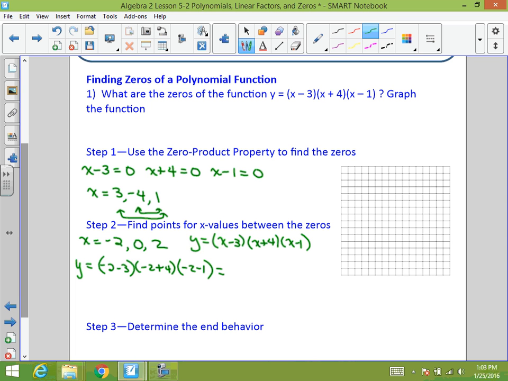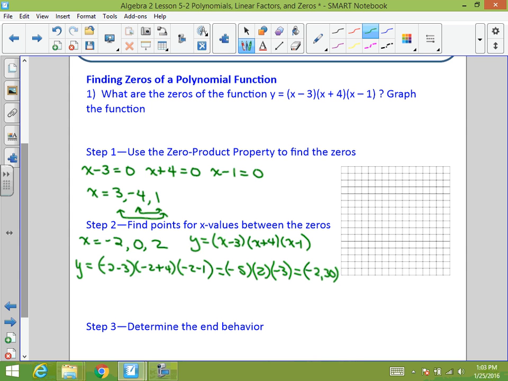Negative 2 minus 3 is negative 5, multiplied by negative 2 plus 4 is 2, multiplied by negative 2 minus 1 is negative 3. It ends up to be a positive number. 5 times 2 is 10, times 3 is 30. So negative 2, positive 30 is another coordinate point.